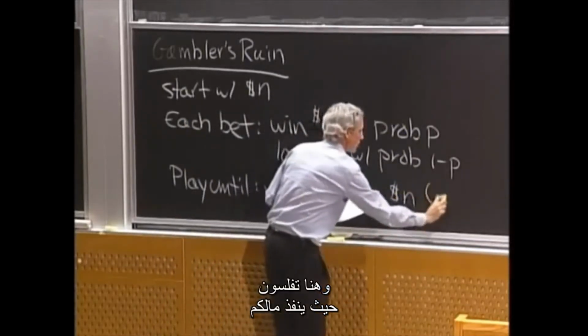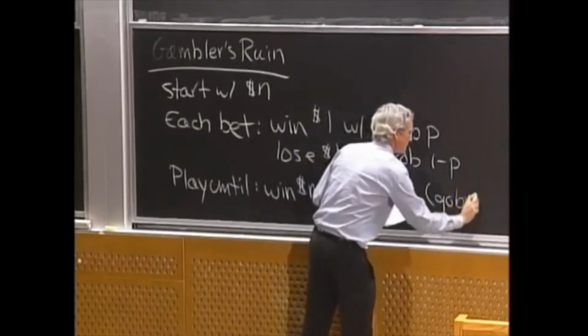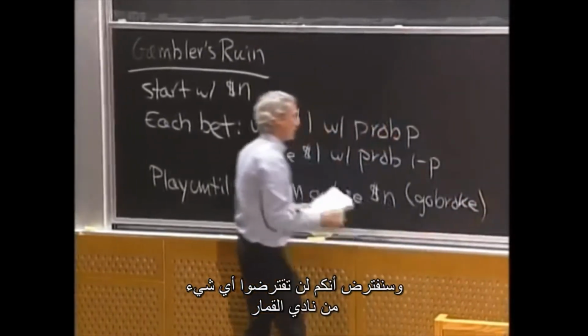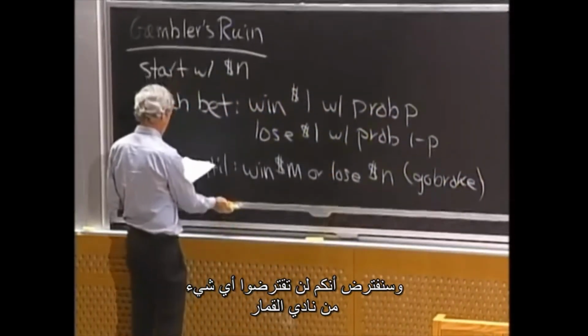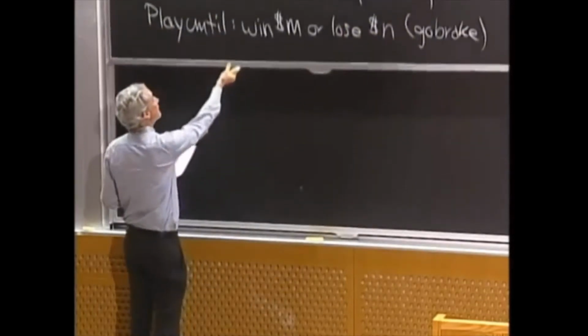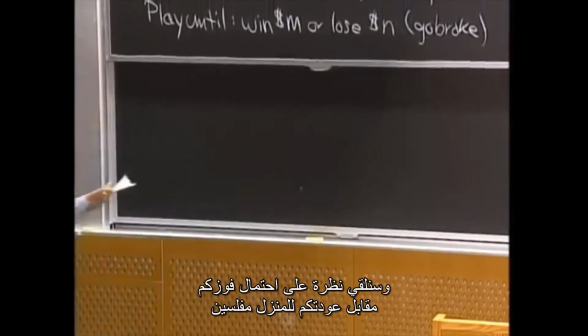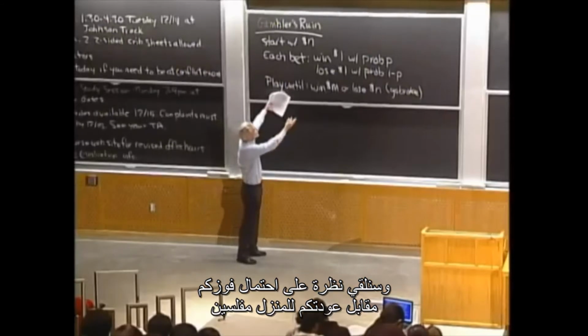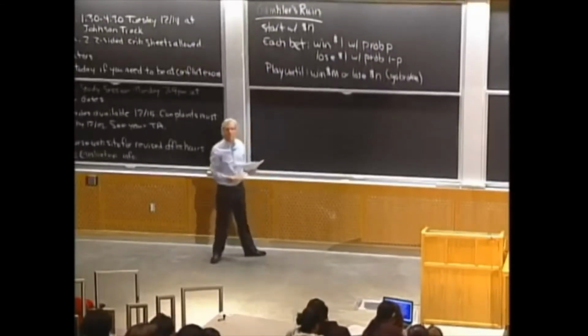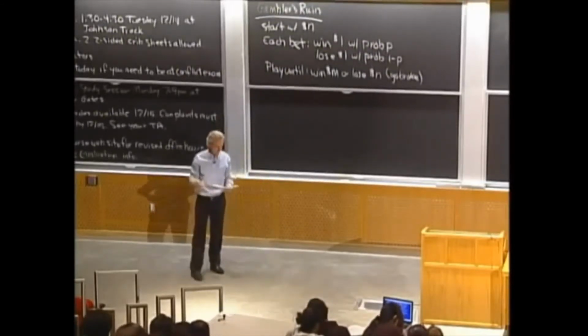And that's where you go broke. You run out of money. And we're going to assume you don't borrow anything from the house. All right, and we're going to look at the probability that you come out a winner, that you made m dollars, versus going home broke.